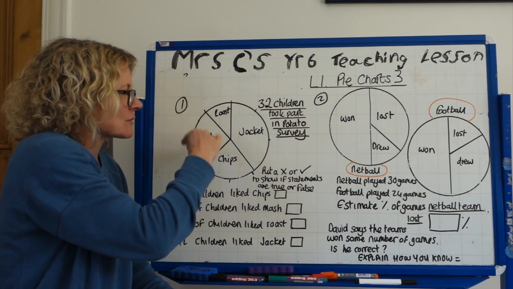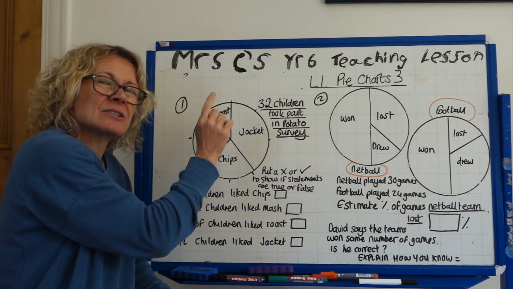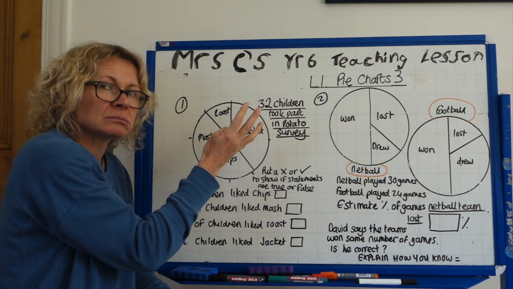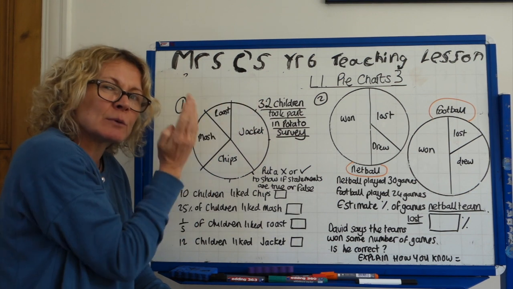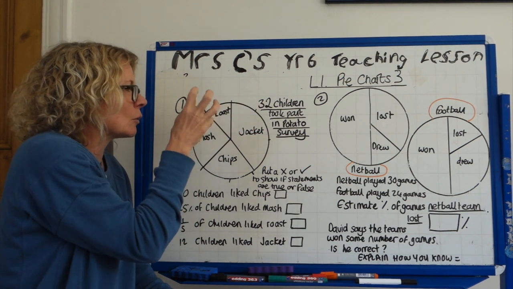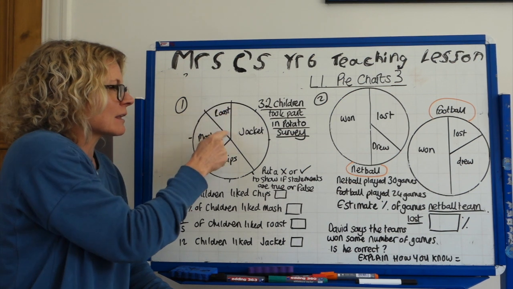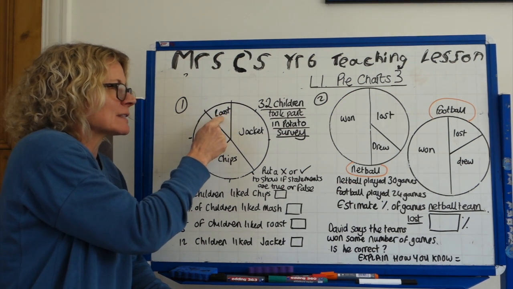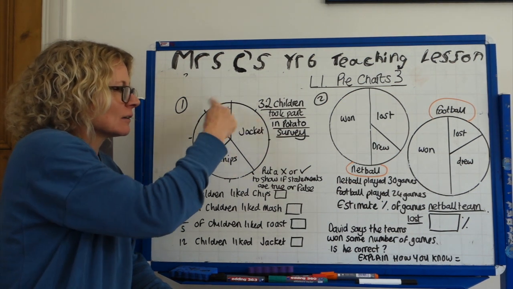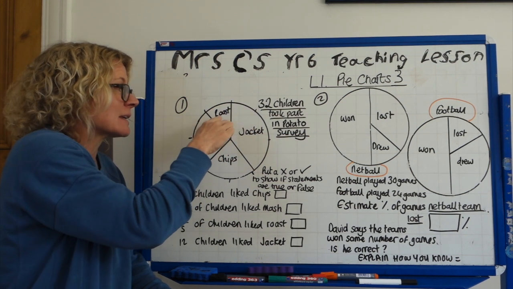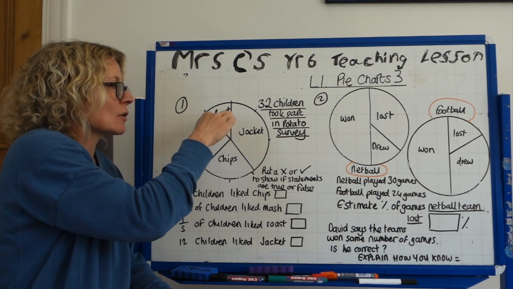So there's eighths marked off. 8 into 32. What is each eighth going to be worth? You need to look at what you know. So that eighth there, how many children is that? If there's 8 altogether, 8 pieces, what is that 1/8 going to represent?